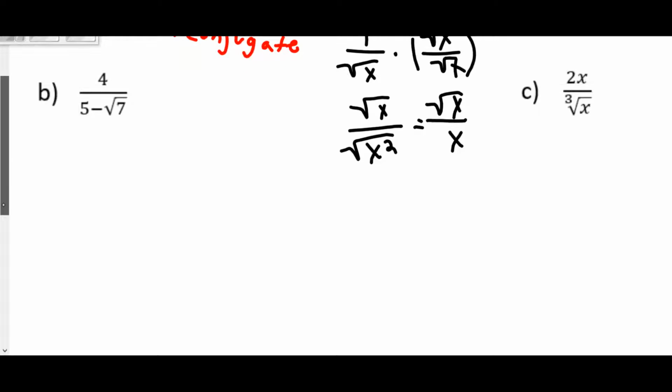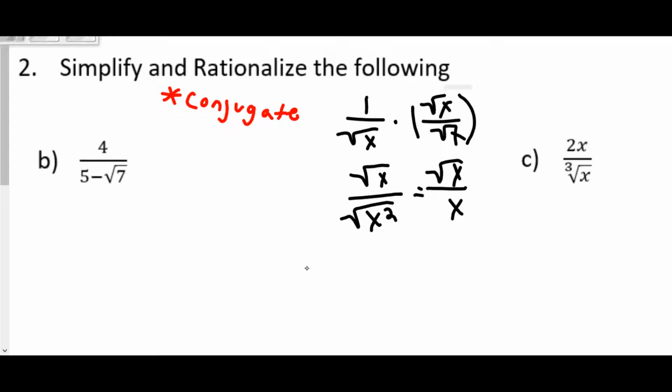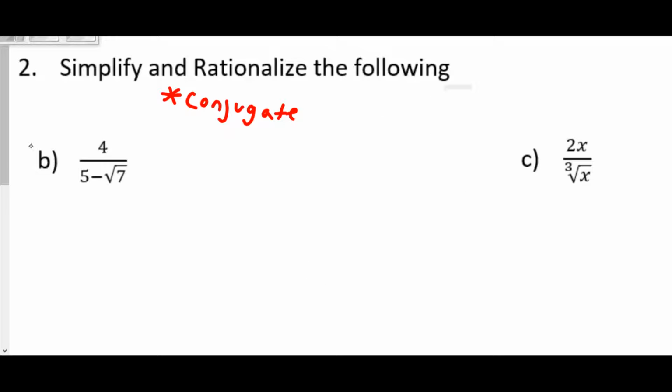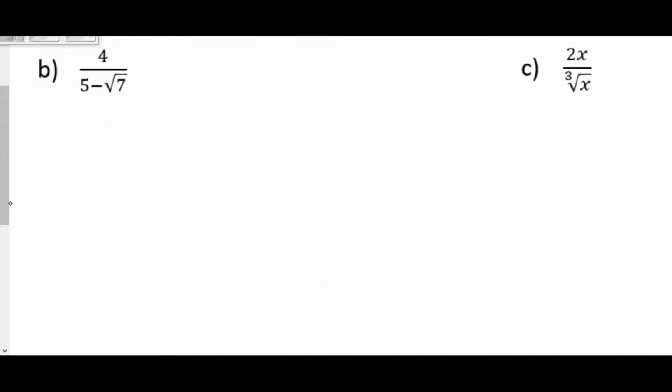However, if we were to do that with the cubed root of x, it wouldn't work out that nicely. We need to get it to look like the cubed root of x cubed, because the cubed root of x cubed gives us an x. So when we're rationalizing something with a higher index, we basically have to make as many copies as that index.